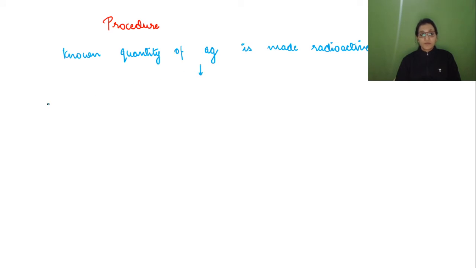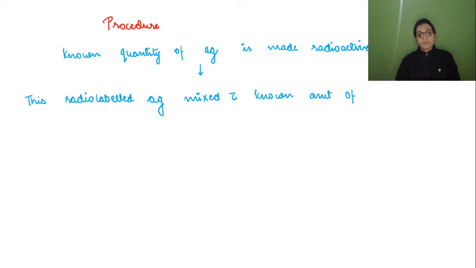So this radio-labeled antigen is mixed with a known amount of antibody for the antigen, and they bind to one another.